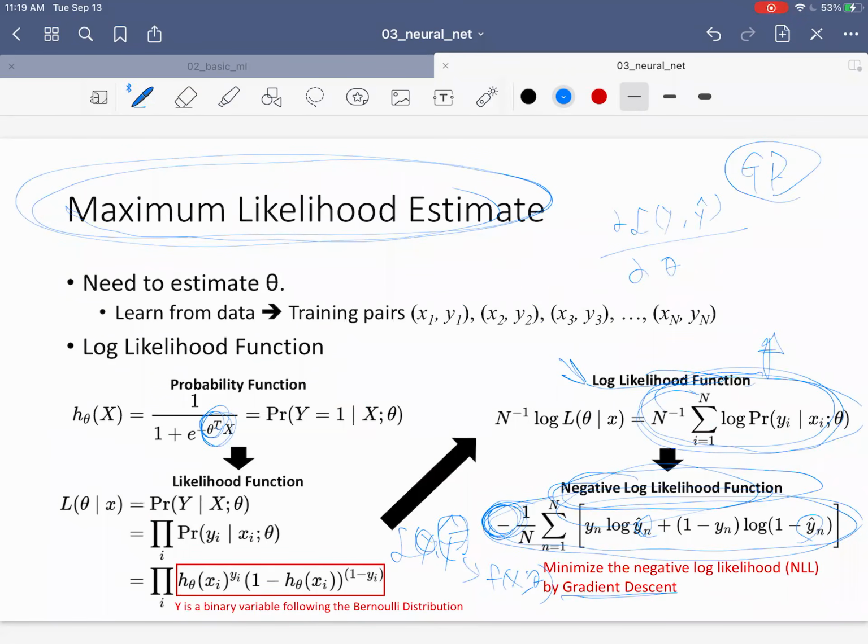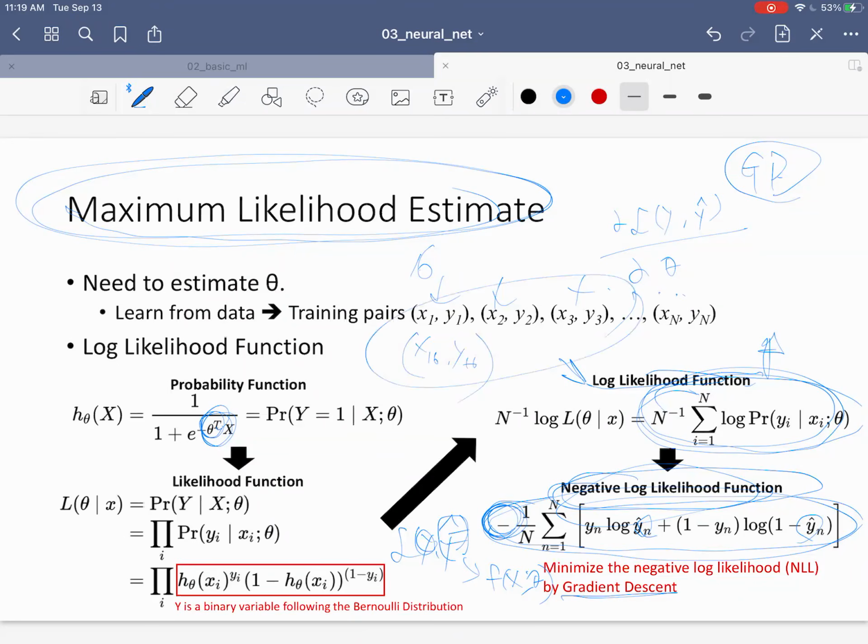So usually when you do gradient descent, you don't actually do stochastic gradient descent with a single sample, but with a mini batch. So for example, if your mini batch size is 16, then you're using x1, y1, x2, y2, all the way to x16, y16. You're using 16 samples at a time.